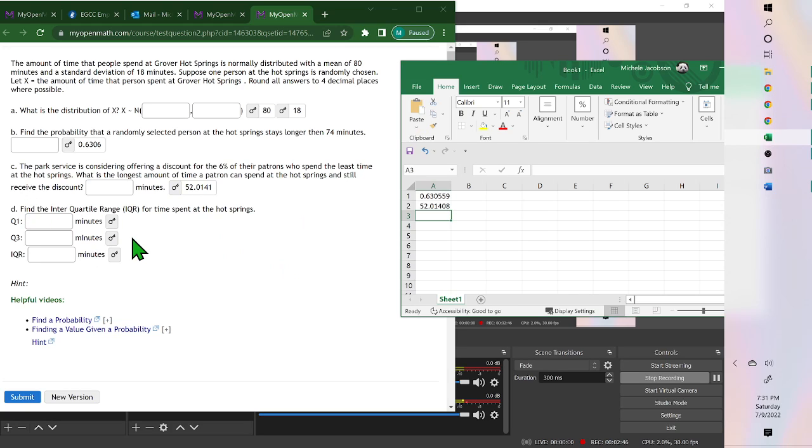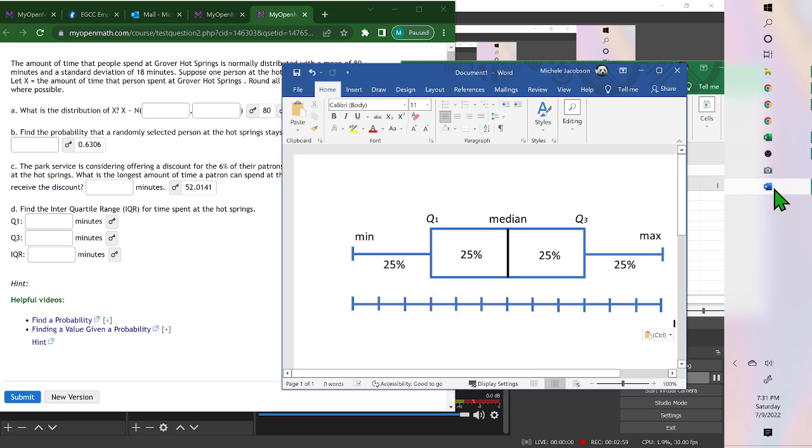Quartiles. When you're working with quartiles, you know how the 6% was the percent below and it found us the value? Well, you need to know the percent below so then you can find the value. When you're finding your quartiles, the box plot is broken into quarters.